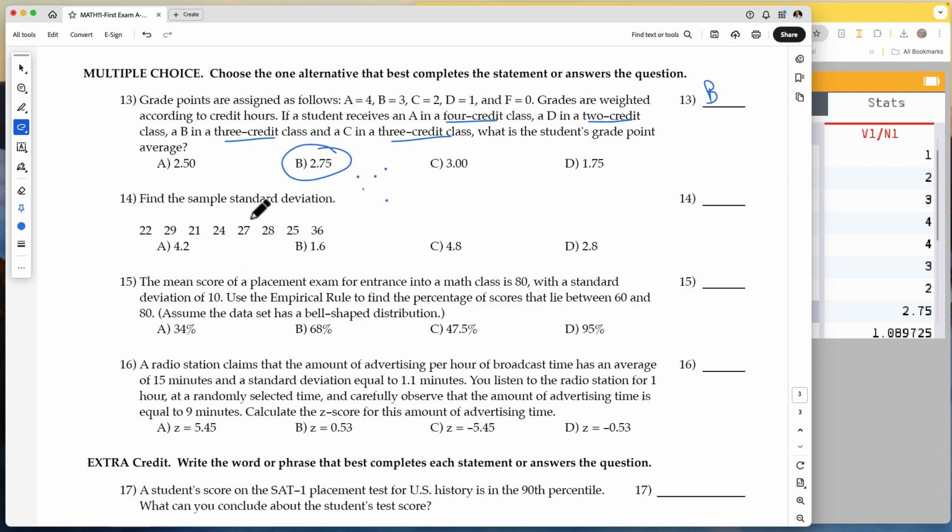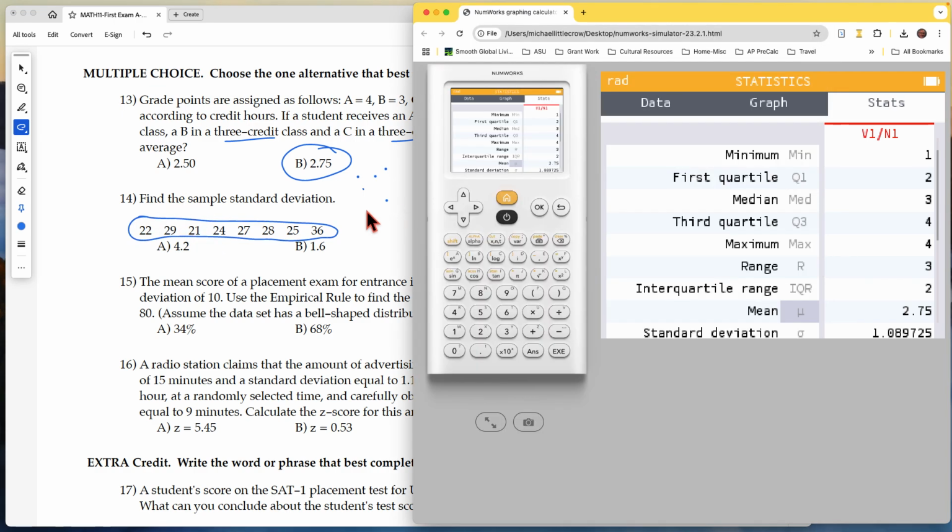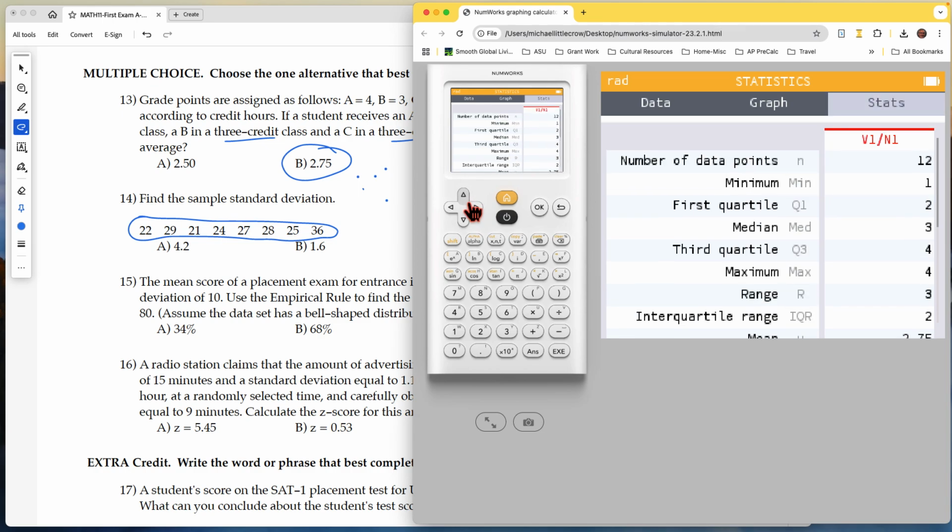Okay. Find the sample standard deviation. Again, we're just going to be able to enter all of these into the stats feature, and then it will calculate the standard deviation for us. So again, we go back to the data entry area.